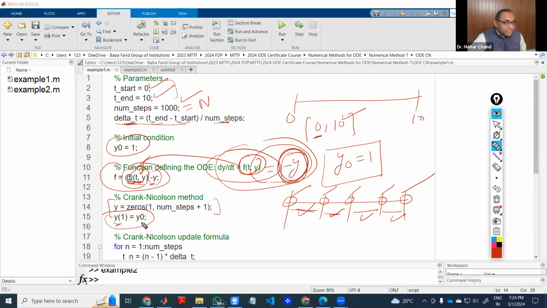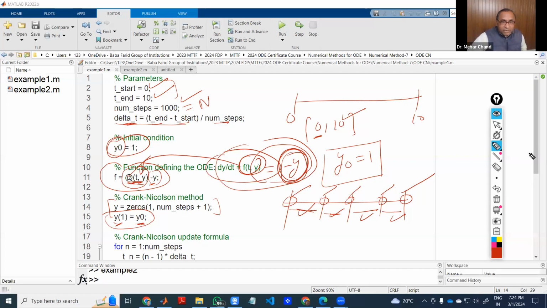So y1 is the first value, the given initial value, and we initialize it by giving the index 1, y naught, with the value 1.